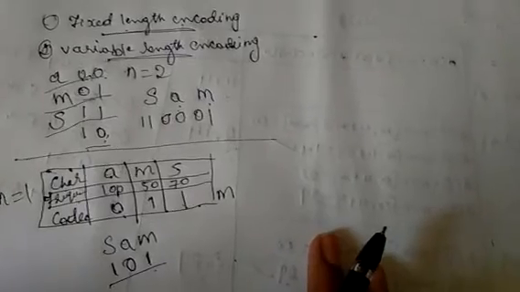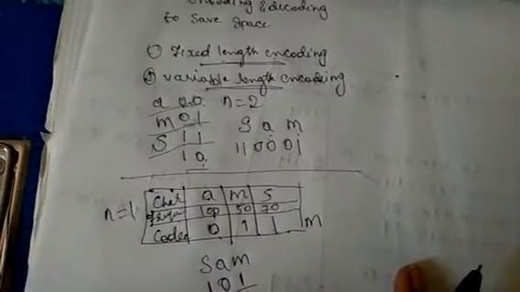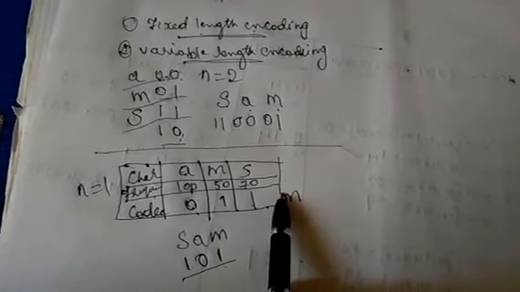So in order to overcome this one, we'll go for variable length encoding. What do you mean by variable length encoding? It is the contradiction of this fixed length encoding. In fixed length encoding, the code length is fixed, but in variable length encoding, the code length is not fixed.